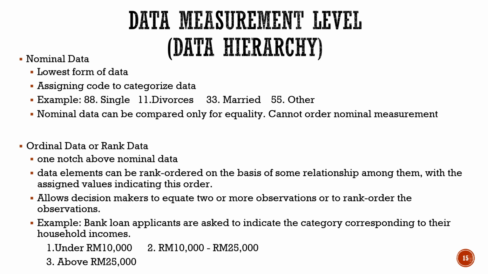An example of an ordinal variable is income category. For example, the first category is under 10,000, the second is 10,000 to 25,000, and the third category is above 25,000.